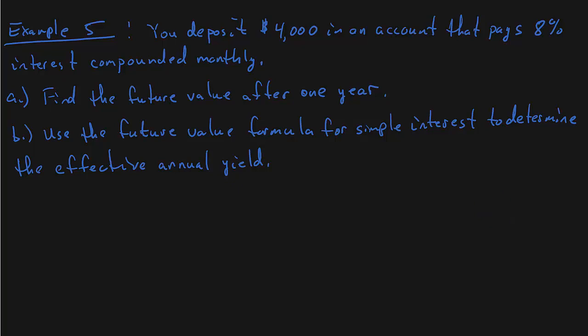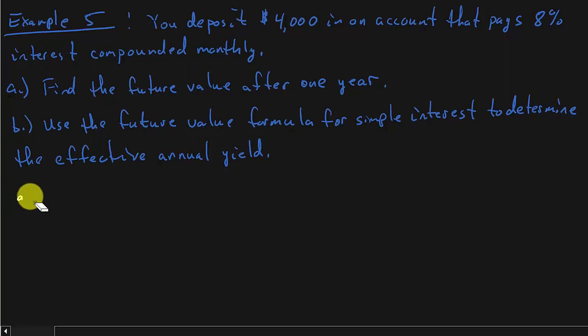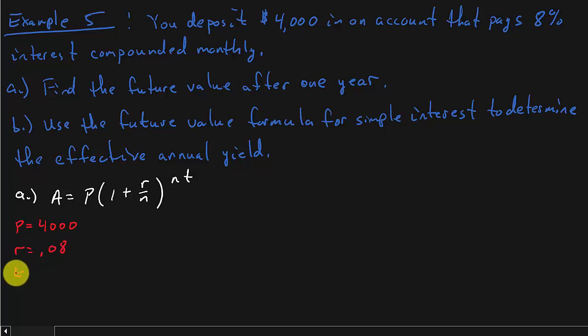For part A, we've got A is equal to P times 1 plus R over N raised to the NT, where P is equal to 4,000, R is equal to 8%, T is after 1 year, so T is 1, compounded monthly, so N is 12.